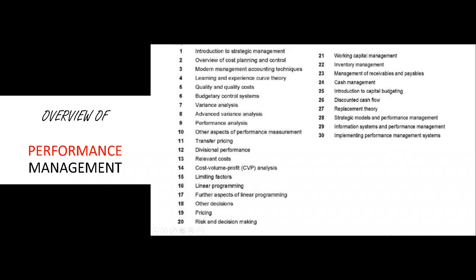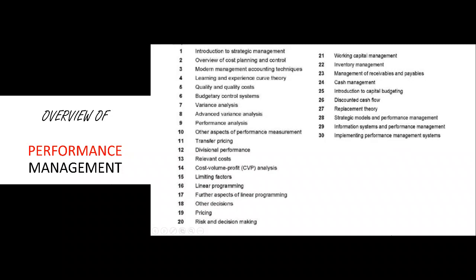Chapter 5 will deal with quality and quality cost: the quality of production and the like, and the cost of having a good quality product. Chapter 6 is going to deal with the budgetary control system. Don't forget that budget is different from budgetary control, so we are going to learn how to control our budget.